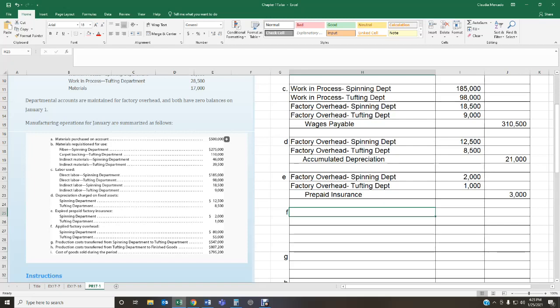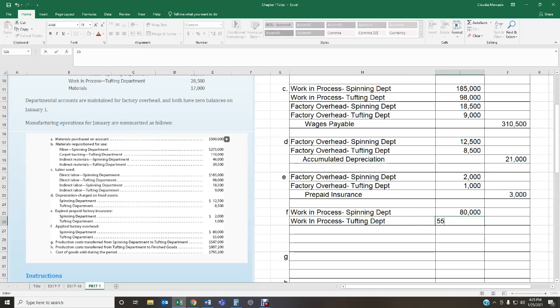So when you actually apply it, we are going to debit work in process for spinning, and the amount is $80,000. And then we have work in process for the tufting department, and that is 55,000. So work in process is being debited. Now we have to reduce our overhead.